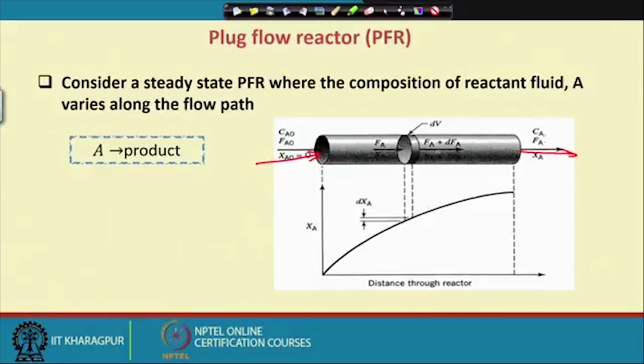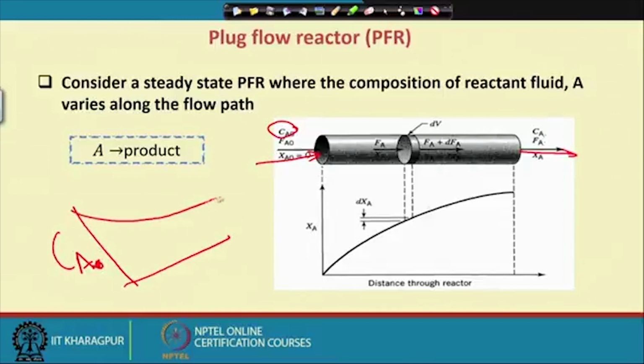Now, when it passes like this, the concentration of Ca keeps on changing. If you make a profile, the Ca concentration keeps on changing with respect to distance, like this.